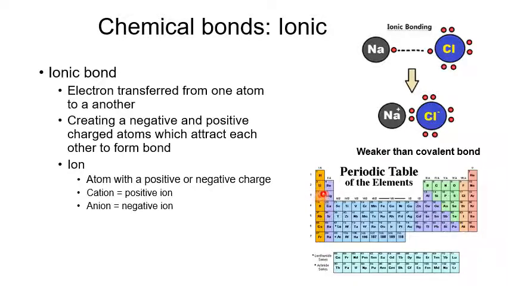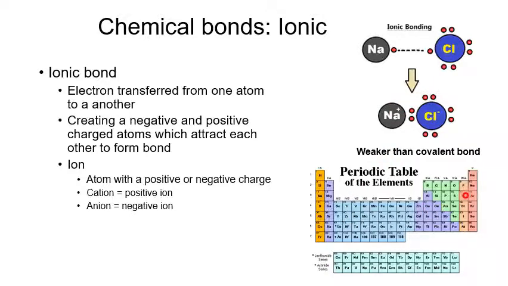Sodium's going to only now have 10 electrons and 11 protons, so it will have a positive charge. This forms what we call ions. When sodium loses that electron and becomes positive, it is a cation, forming a positive ion, and you'll see it written as sodium with the little plus superscript.